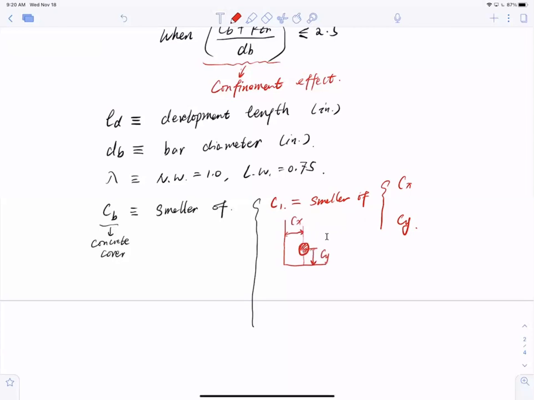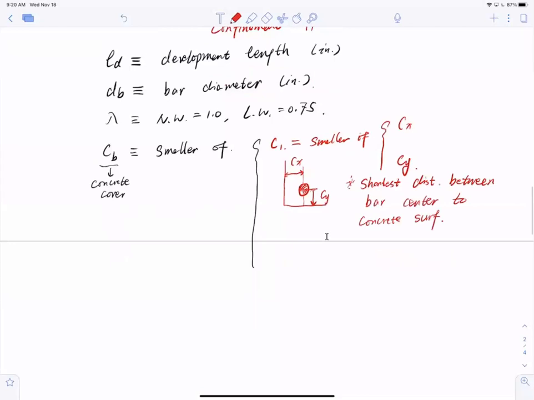So C1 essentially is the shortest distance between the bar center and the concrete surfaces. And this is only the first term.